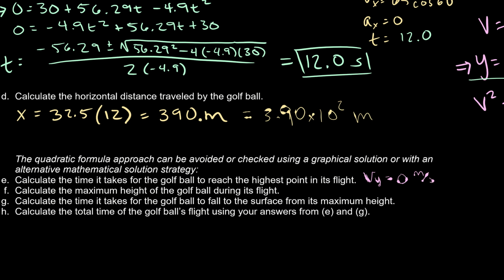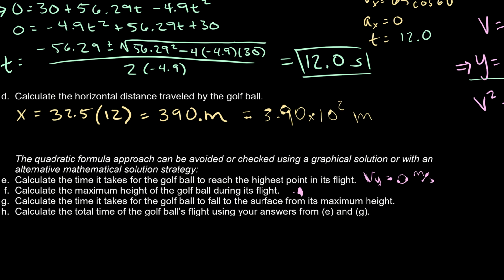Then you can figure out, using the time that you find at the top, that maximum position y. The time it takes for the golf ball to fall to the surface from its maximum height is not the same as the time to get up, because it's hit from 30 meters up.